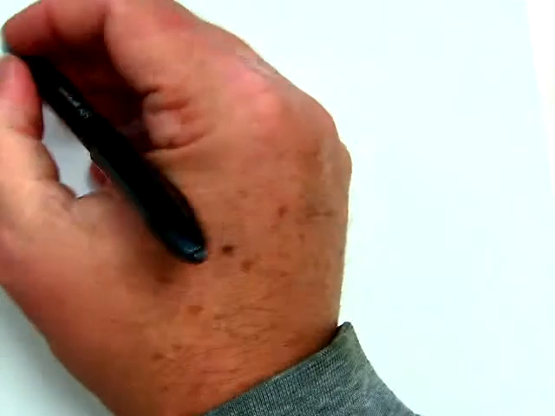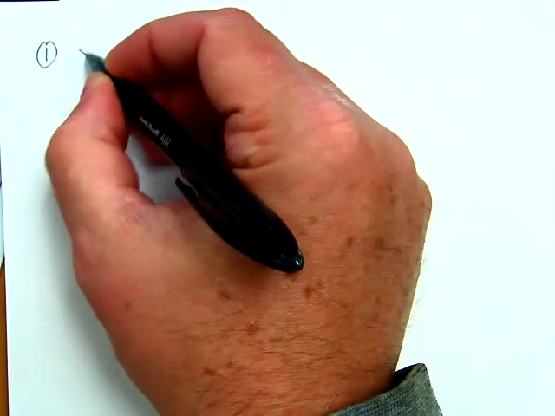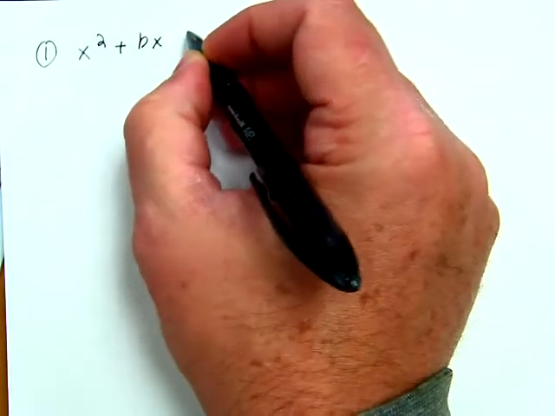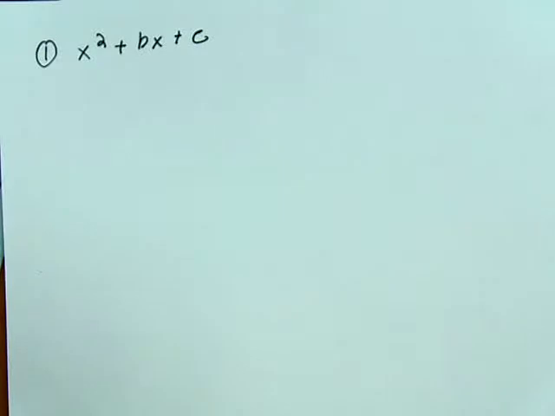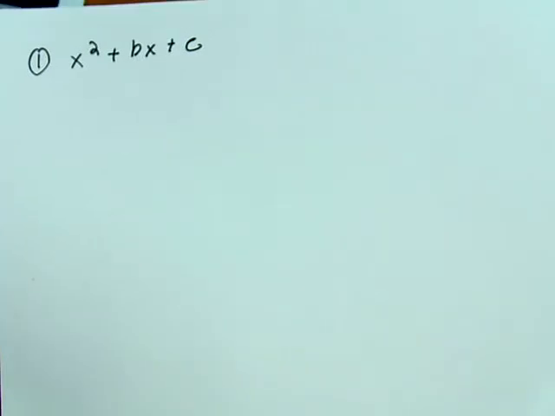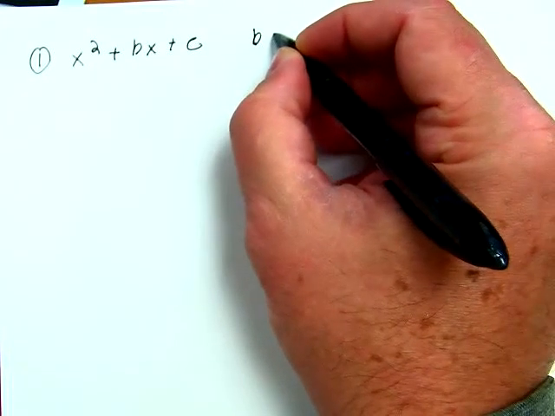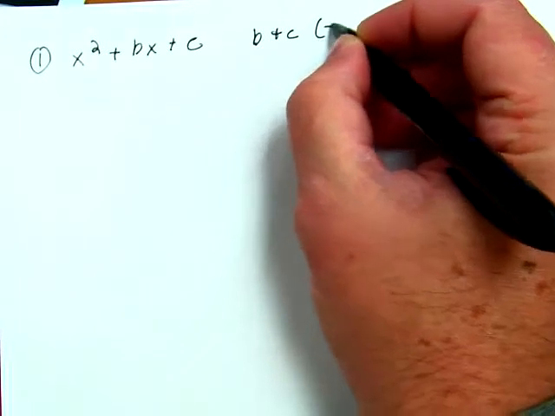We have example 1. What happens in example 1 when I have an expression in this format: x squared plus bx plus c, and in this case b and c are both positive?